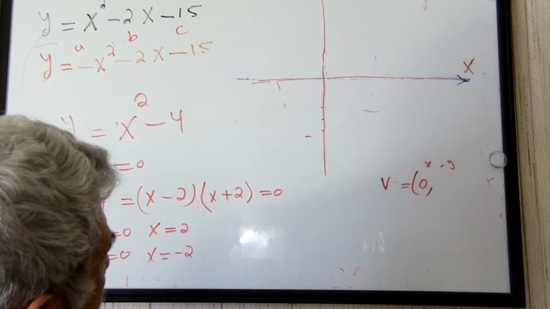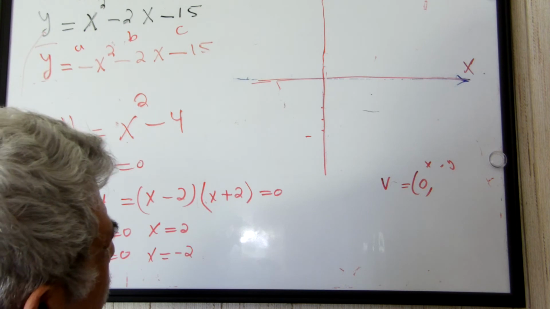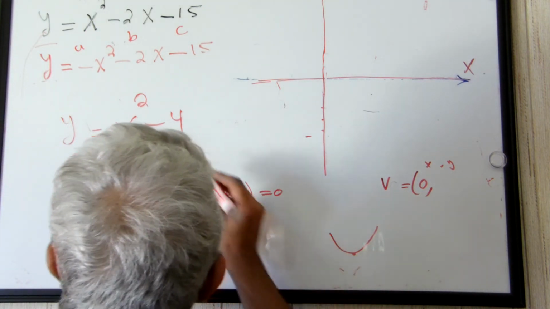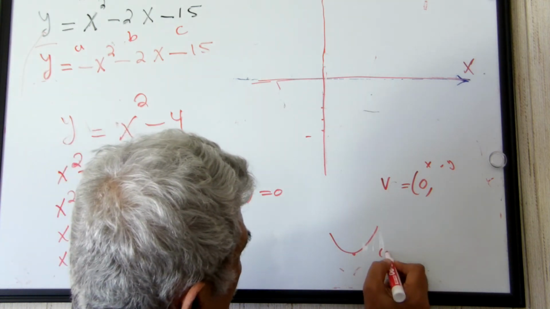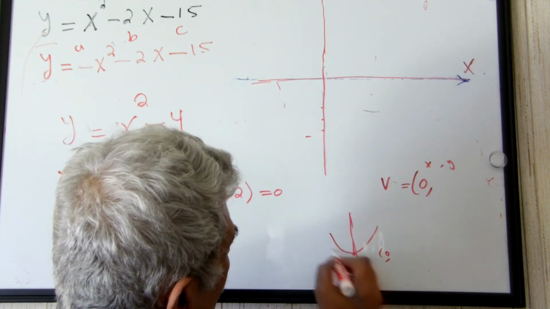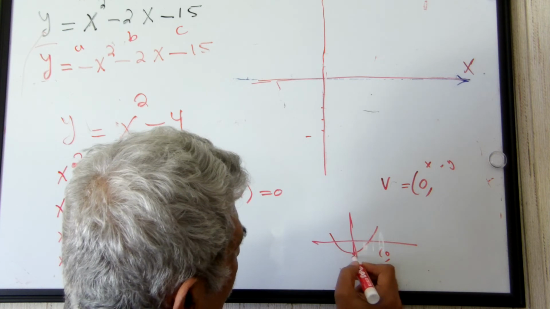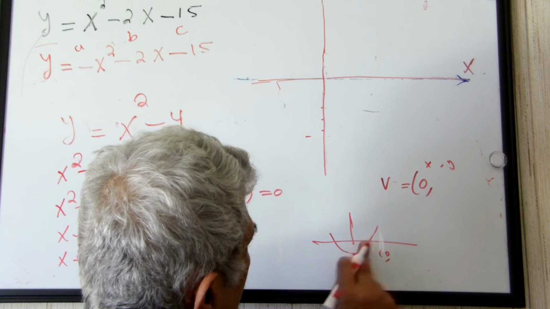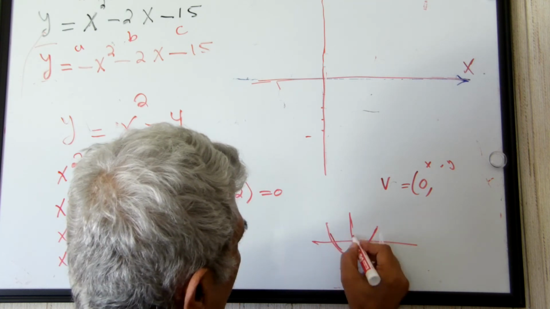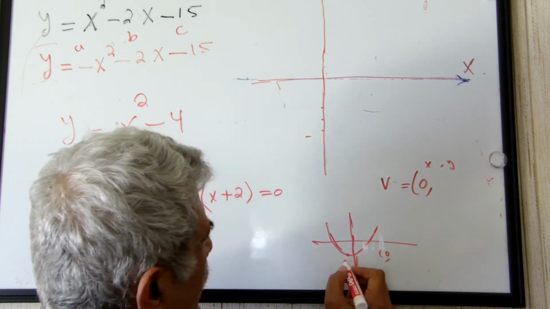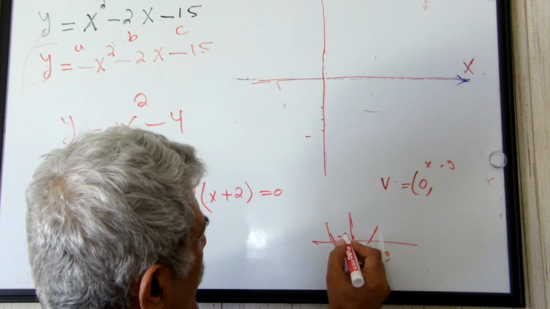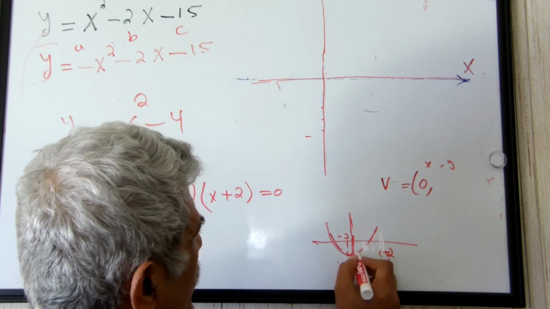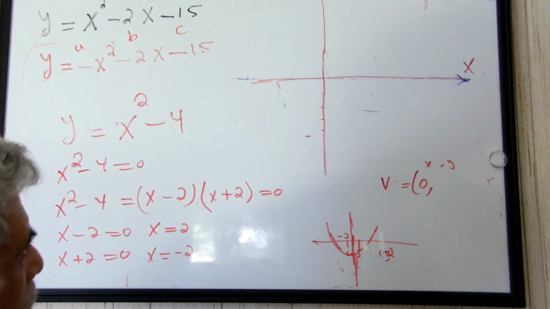We find the point of the vertex here, x value 0. And if we want to find y, you have to put this 0 in the equation, like for example, if this is minus 2, you have to put minus 2 in the equation to get the y value. What is the y value?